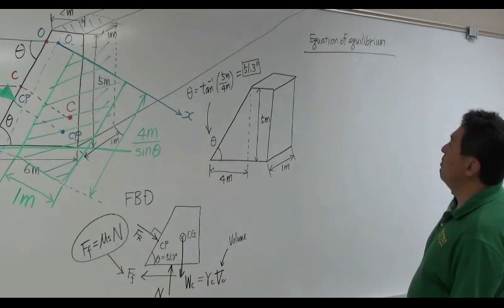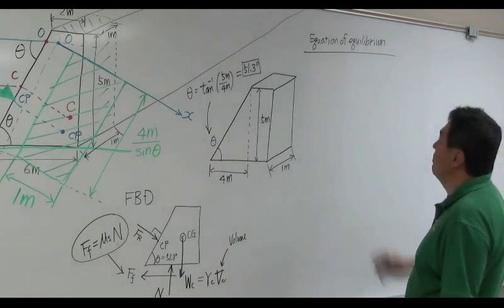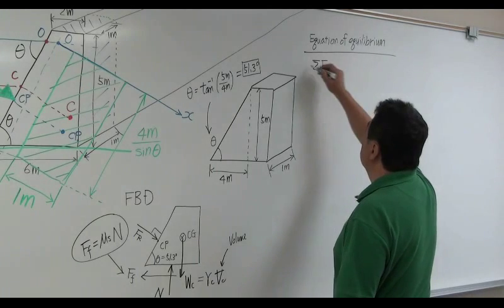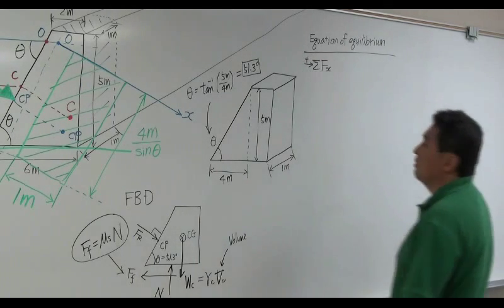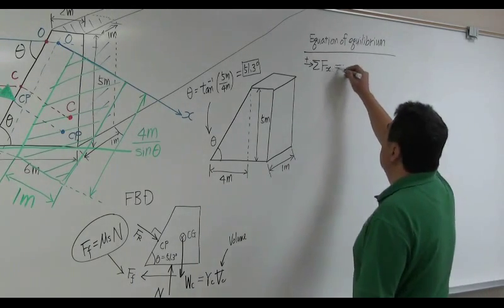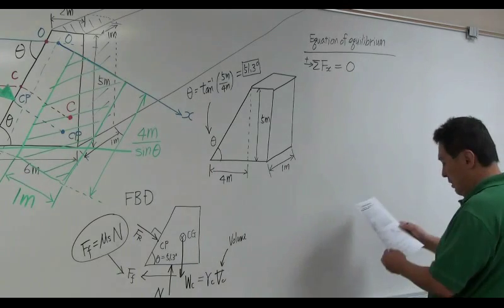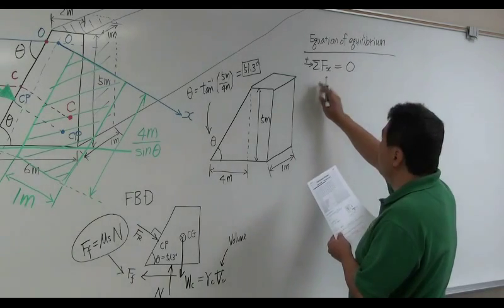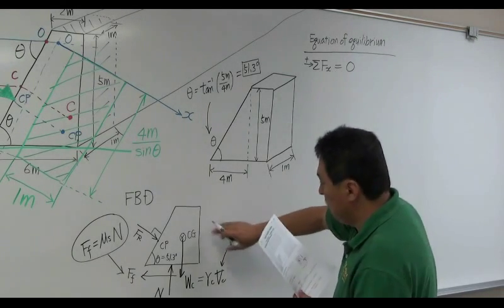Of course, it's a very simple equation. If you sum all the forces in the x direction, let's say this is the positive x direction, it must be equal to 0. This is one of the equations. So let's apply this equation to this situation.